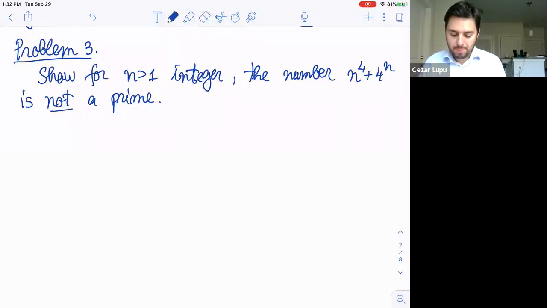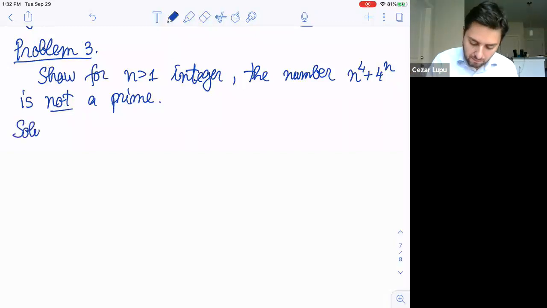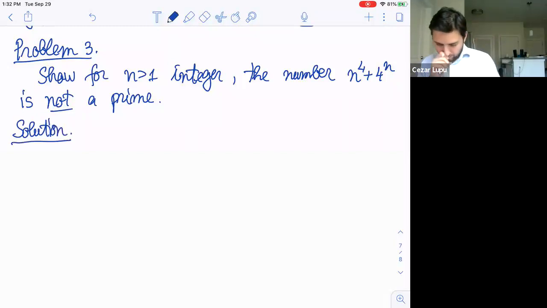So let's see. Well, let's look here. You see, n is not a prime, it's an integer. So we can separate the integers in two categories, even integers and odd integers.